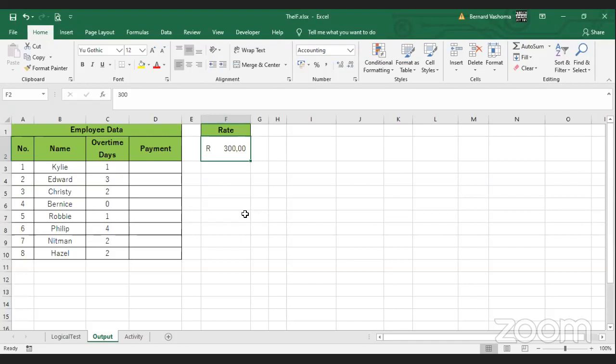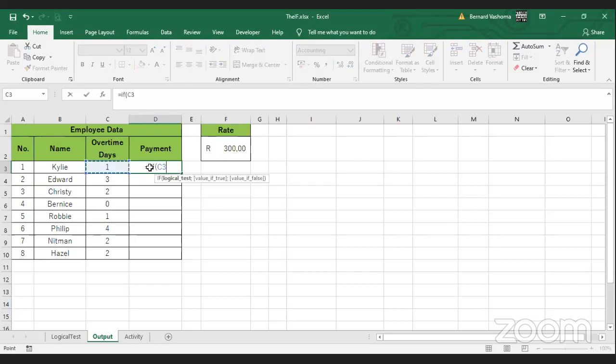All right. So now, how do you tell that somebody worked overtime? Here on overtime days, it should be more than 0, obviously. So our condition is already complete. As you can see, equals IF, open bracket, this value is greater than 0.